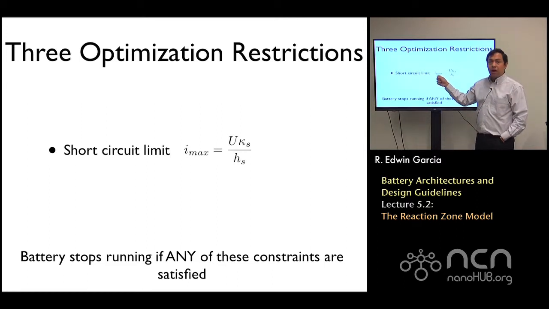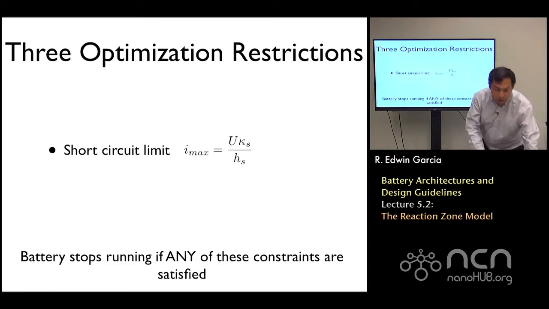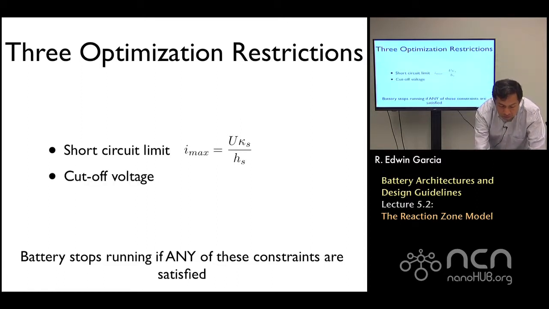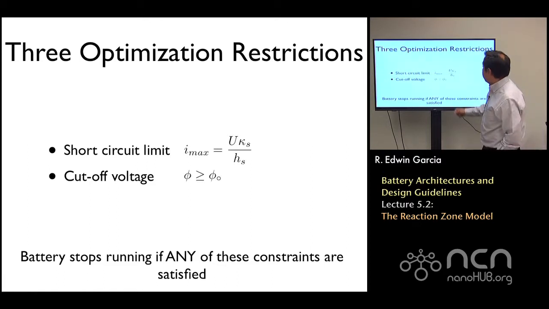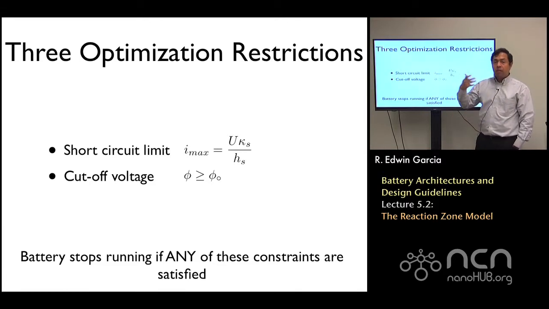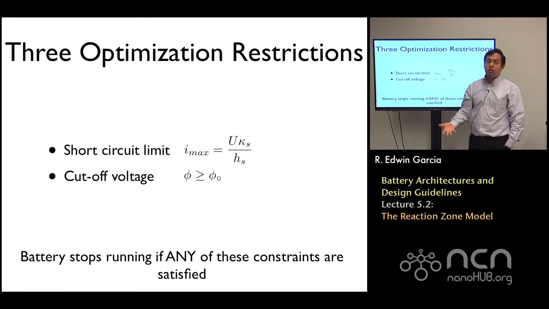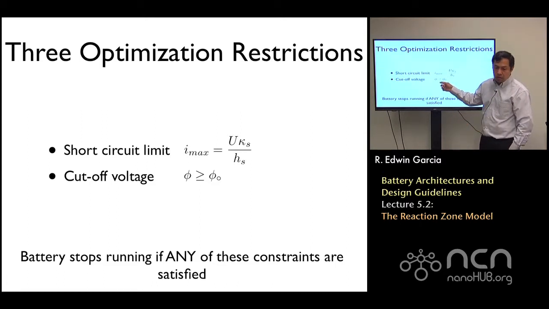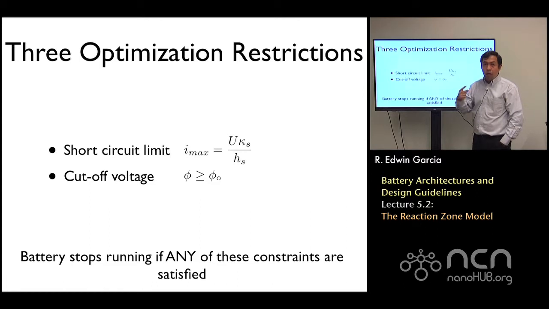So that is how large the current would be. The other one is I have reached the cutoff voltage. In other words, the moment my voltage drops below this threshold that I specified, which depends on the application. In many applications it's referred to as the 3 volt cutoff, in other cases 2. It really depends on the application that you want to use the cell for.